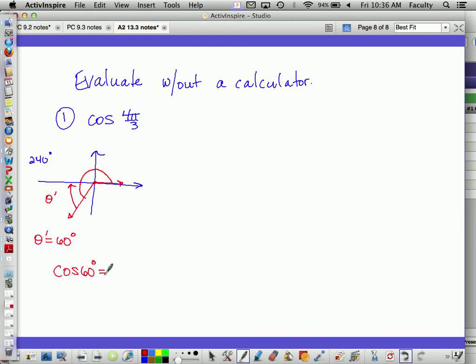No. Henry, what's cosine 60? Yeah, because 1 over 2 is the adjacent. So it's 1 over 2. And then I want to do the original problem. And you do all students take calculus. I'm in the third quadrant, so cosine is negative there, okay?